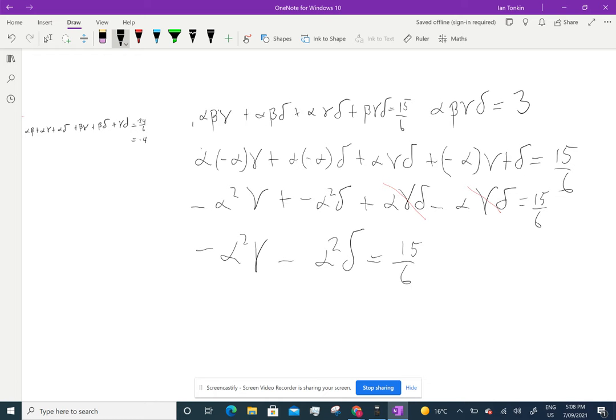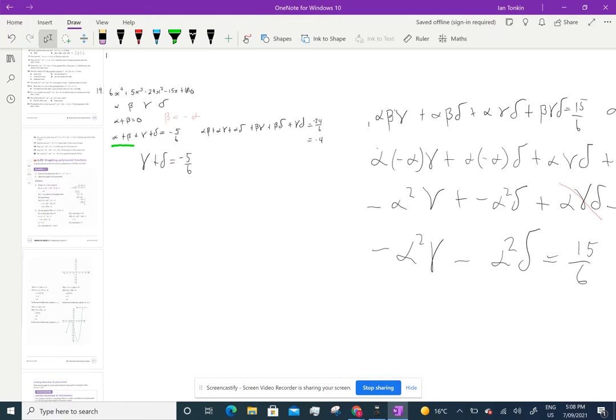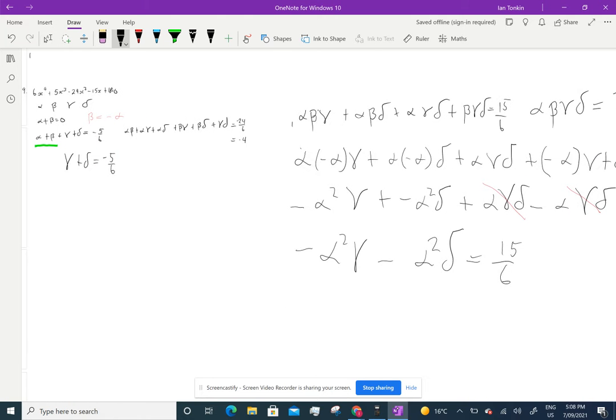Now, I also know, let's take the minus alpha squared out, and I get gamma plus delta equals 15 on 6. But look over here. I know gamma plus delta is equal to minus 5 on 6.